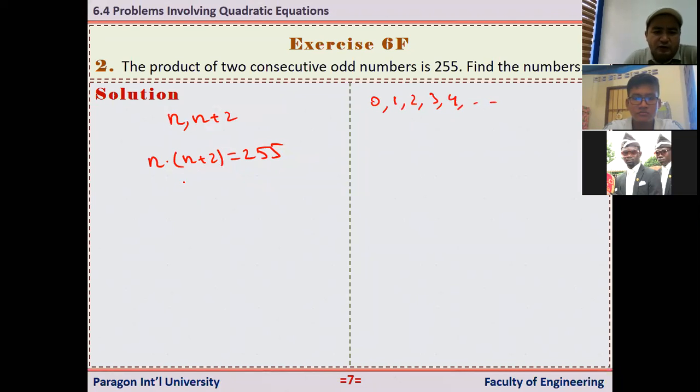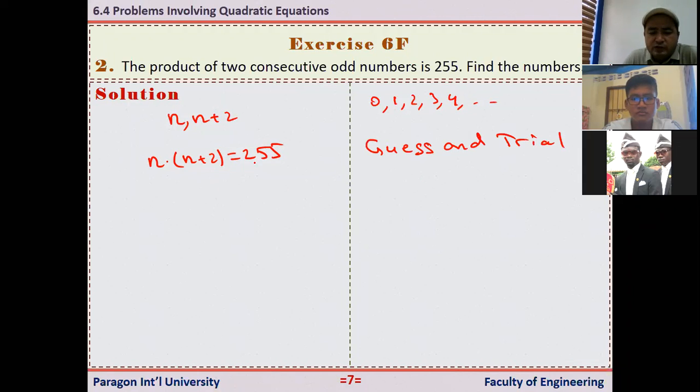Now, I'm going to use the guess and trial method, because if you expand the left-hand side, you will get a quadratic equation, and we can also solve it using the formula. But since I know that the solutions are whole numbers, I can use the guess and trial method.